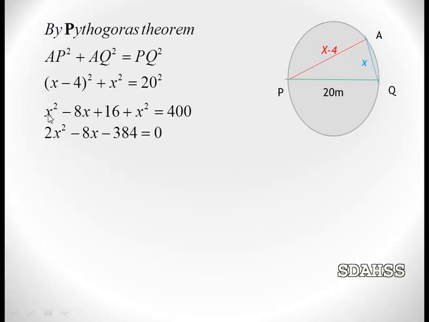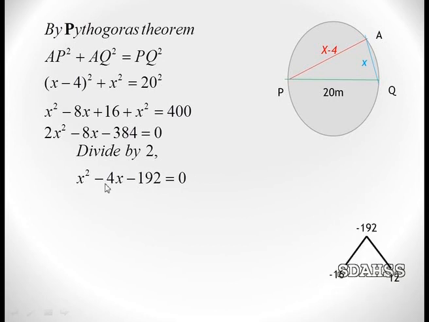So x square plus x square is 2x square minus 8x. Bring this 400 to the other side, it becomes negative. So 16 minus 400 is minus 384 is equal to 0. Divide by 2. So this equation becomes x square minus 4x minus 192 is equal to 0.